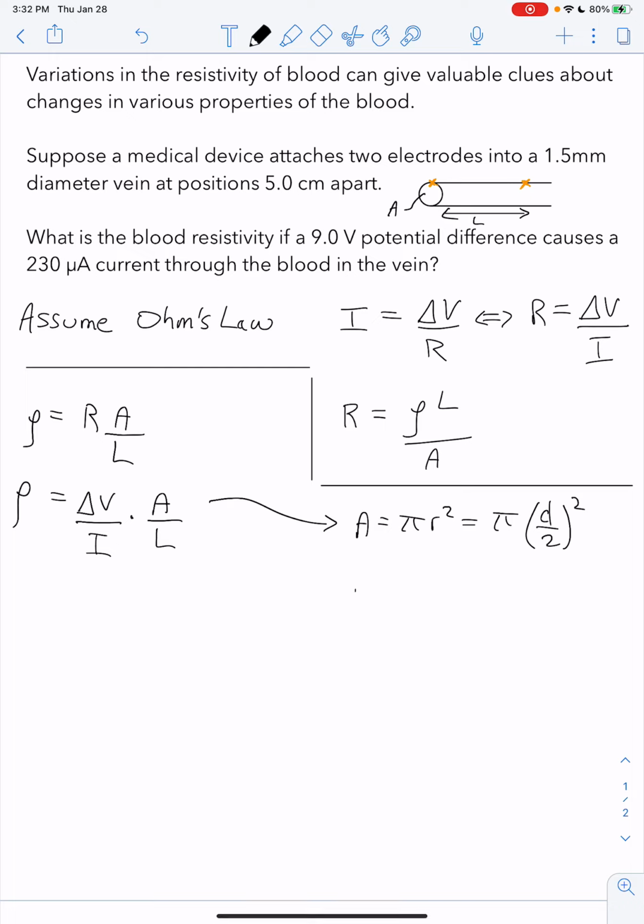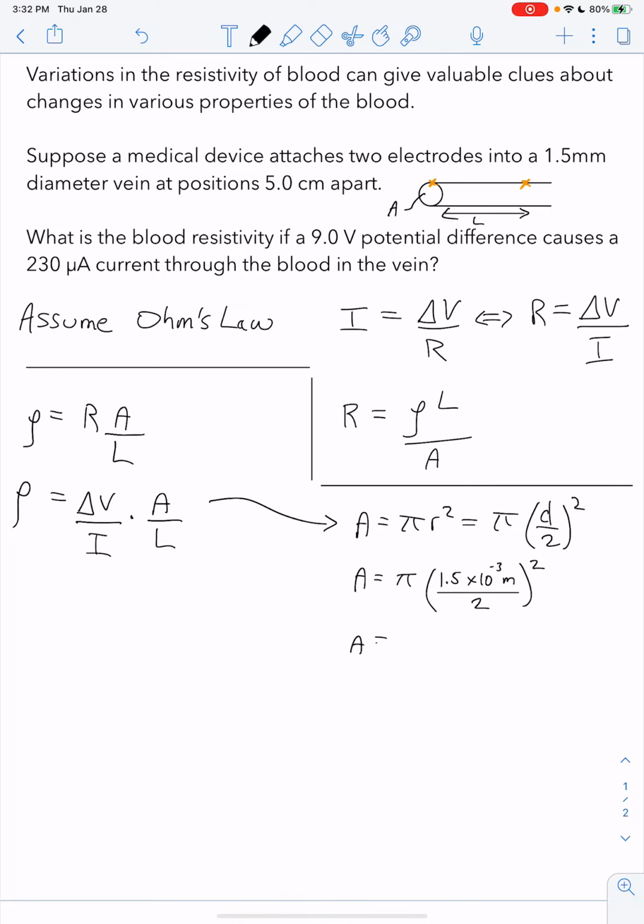Okay, so in our case, we've got an area equal to, well, it's pi. What was the diameter? 1.5 millimeters. Okay, so that's 1.5 millimeters, so times 10 to the negative 3 meters, divided by 2, and squared.